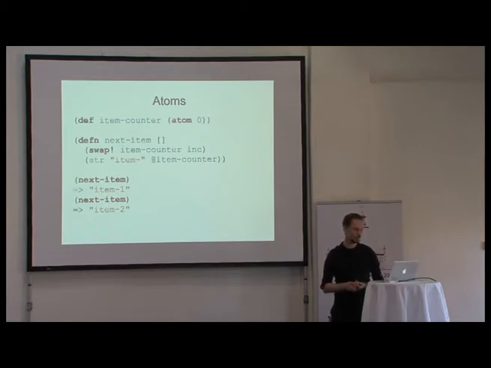And to do that, Clojure invokes swap on an atom, and an atom in this case is the item counter, and swap takes the atom and the function, and then it changes the value of the atom to the result of applying that function with the initial value of the atom. And then you use the @ sign as a syntactic sugar for deref to get the value out of the atom. So this is a way to explicitly model changes of things.